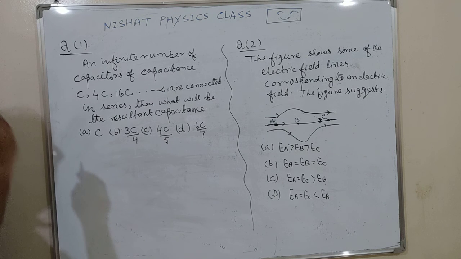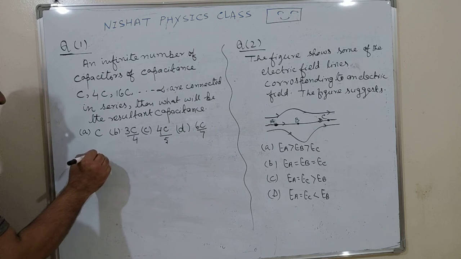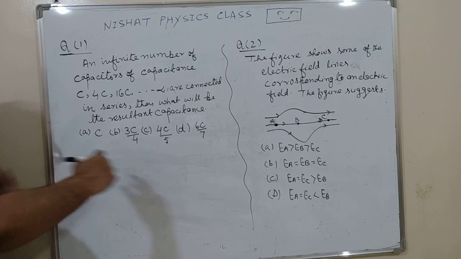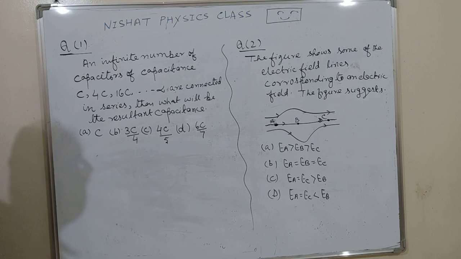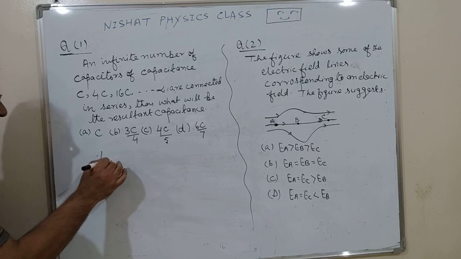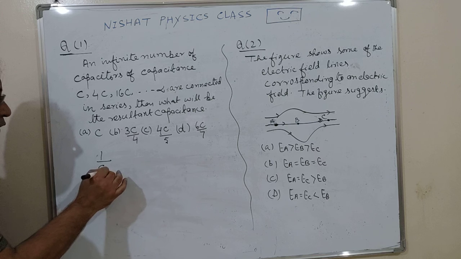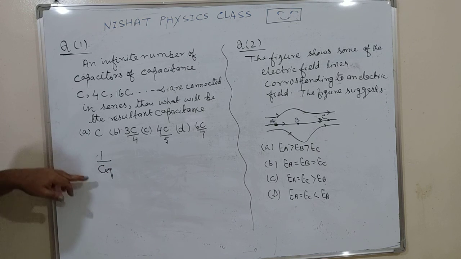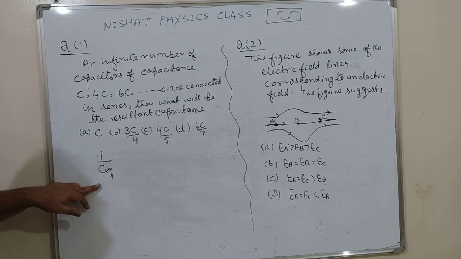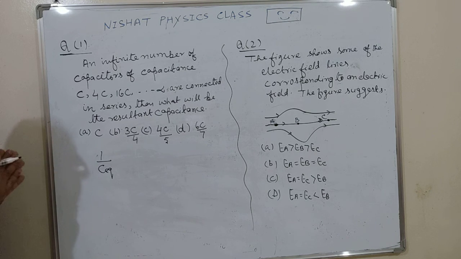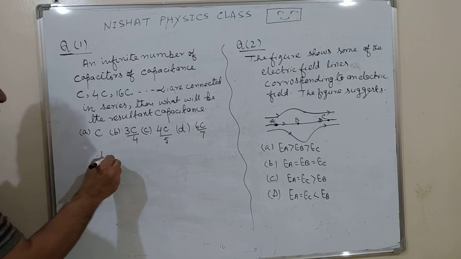Okay. Now suppose we take all the capacitors in series, then 1 upon C equivalent. Since it is in series, it will be the reciprocal.